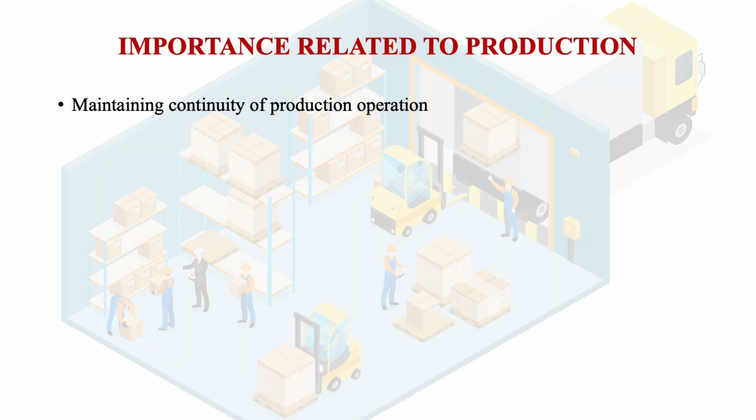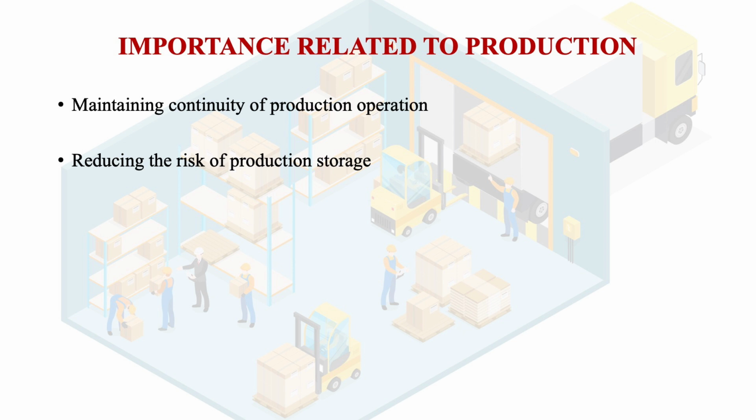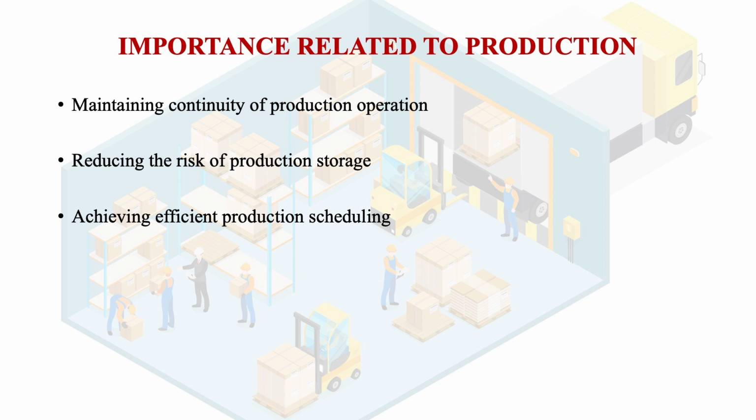The main point is maintaining the continuity of production operations, meaning your production line is uninterrupted, and inventory is planned such that the main raw materials and semi-finished materials are available for the main production line, and the main production line is not hampered. The next point is reducing the risk of production shortage. Achieving efficient production scheduling means whatever production is planned, we follow the same plan and go for production as per the planned schedule.